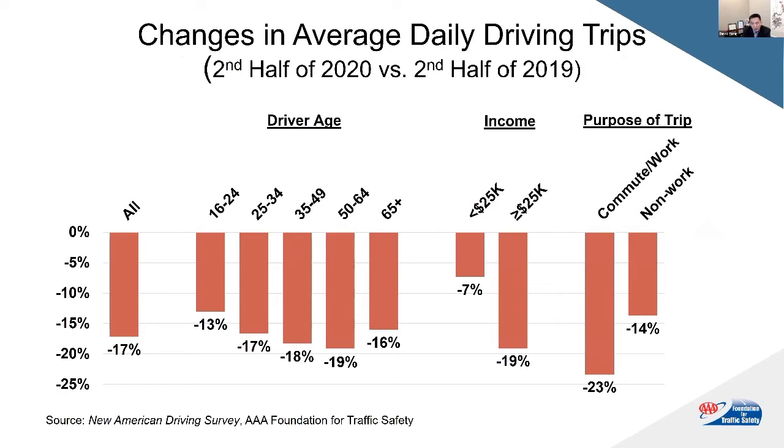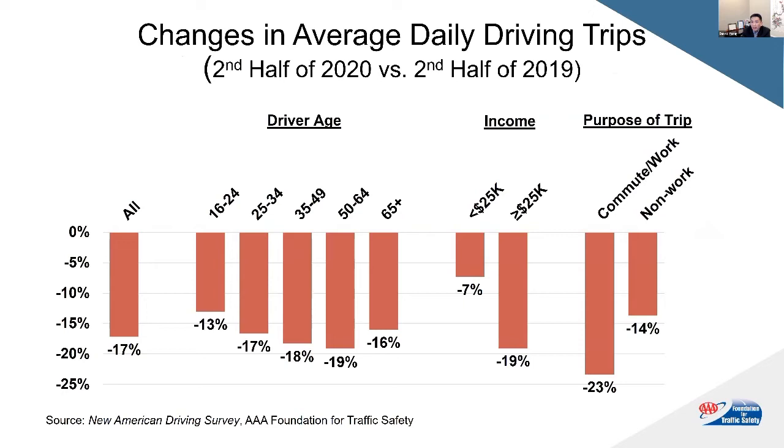Again, this is based on our AAA Foundation's New American Driving Survey, which we collected prior to the pandemic, during the pandemic, and are still collecting now. It looks at the change in average daily trips. Overall, we see about a 17% drop.